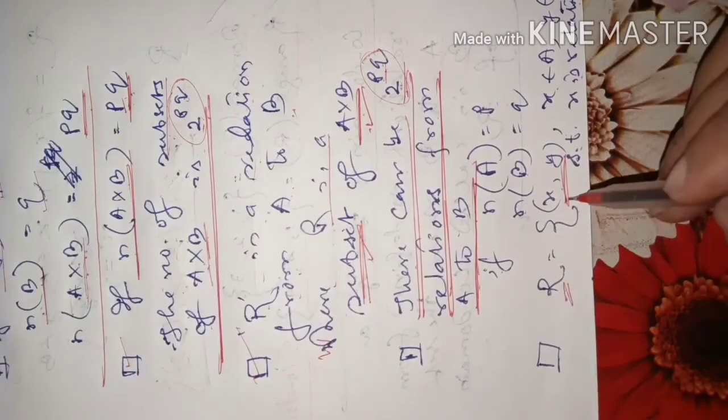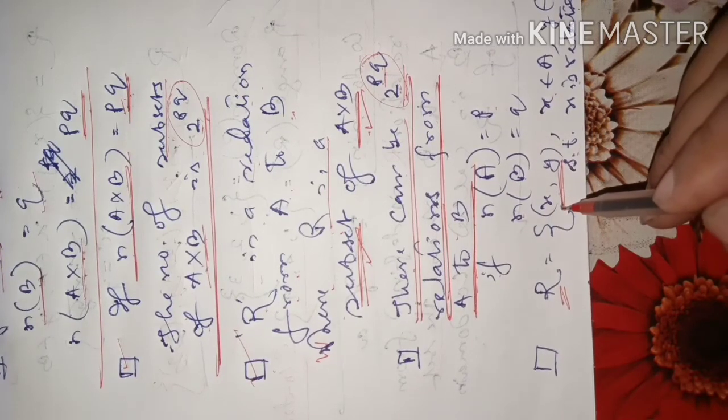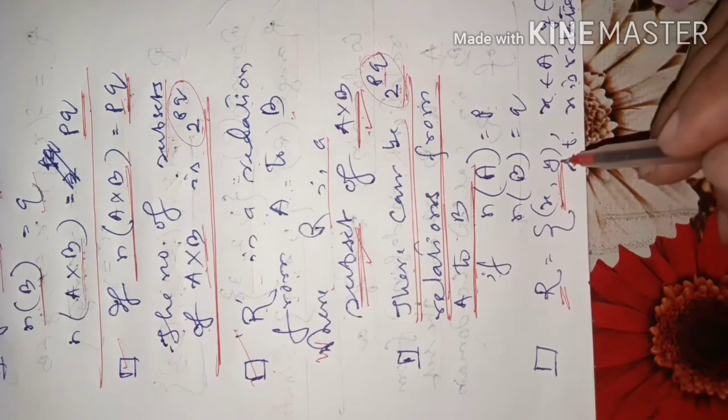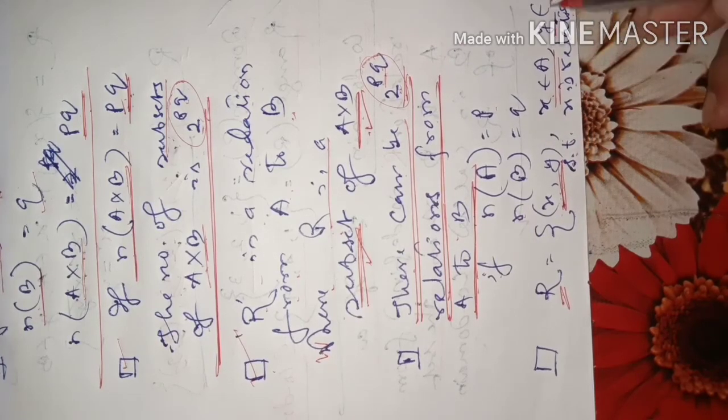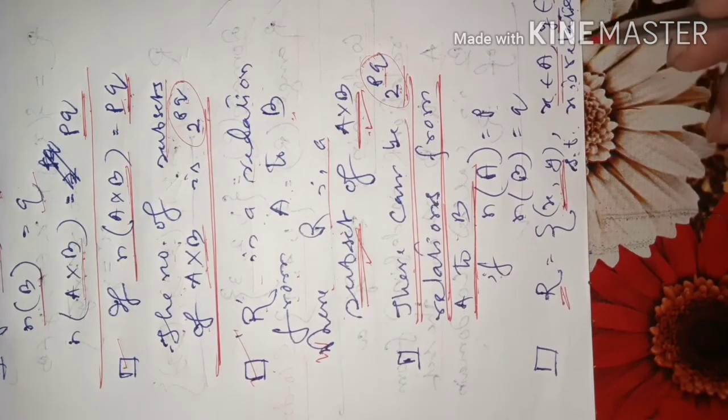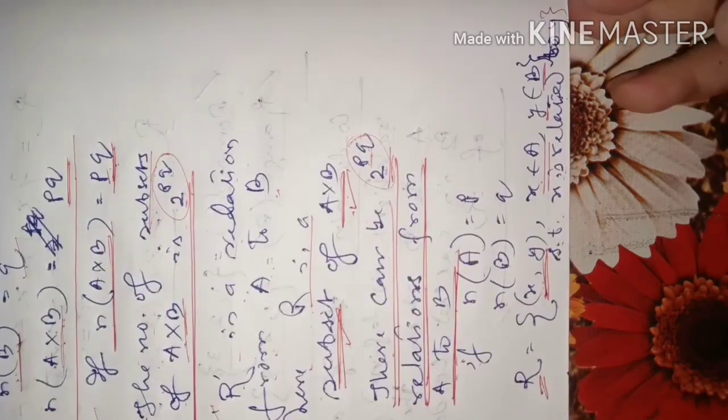Next point: R is a relation of ordered pairs (x, y), where x belongs to the first set A and y belongs to the second set B, such that x is related to y by some relation.